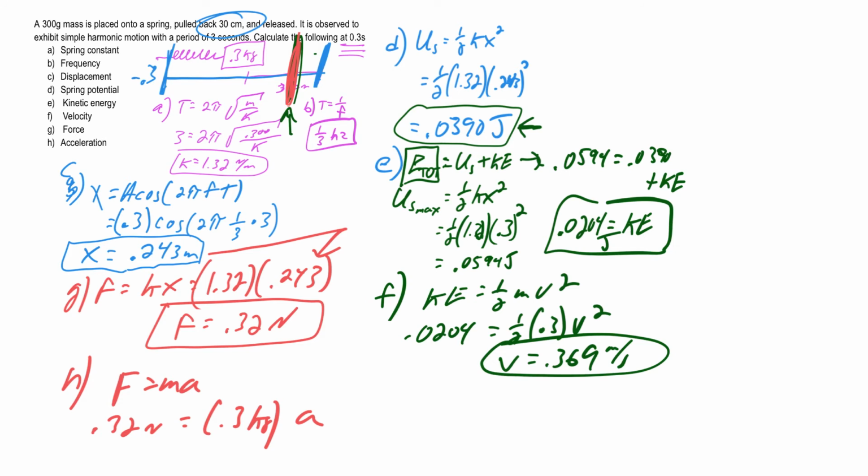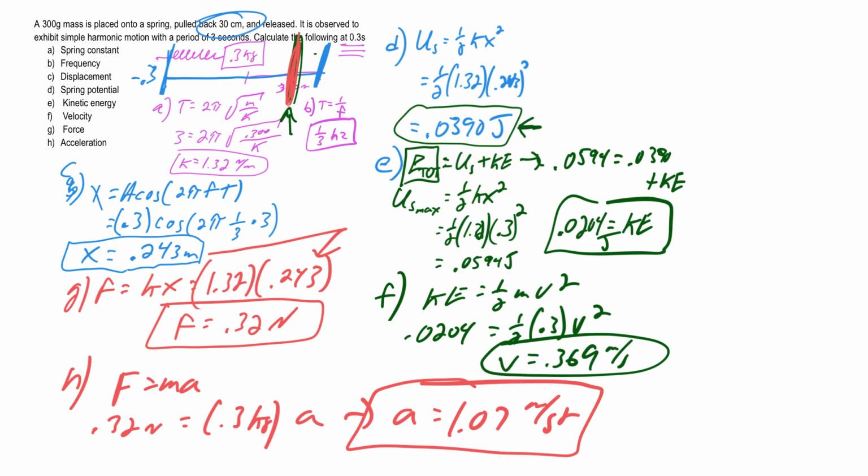So we'll just divide, looks like it's about 1, right? 0.3, we can do that in our head. To be exact, a is equal to 1.07 meters per second squared. All right, that was a longish problem, and I skipped a bunch of algebra too, so hope you followed along. All right, let's move on to the next one.